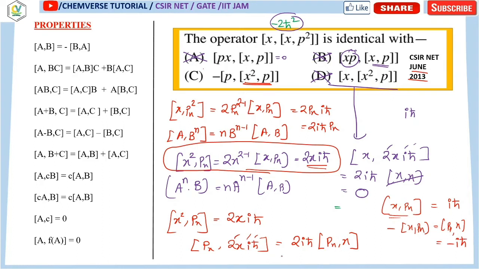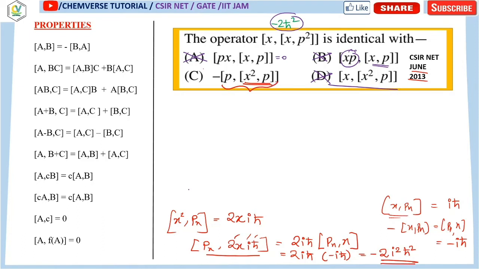When it has a value of minus i h cross, just put it over here: 2 i h cross into minus i h cross. So it will be minus 2 i square h cross square.